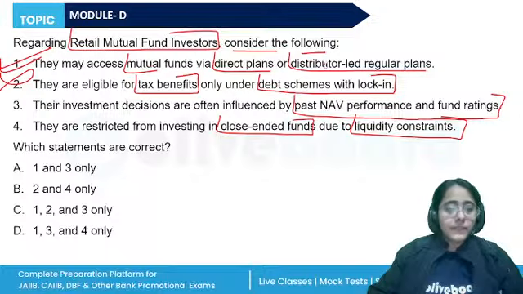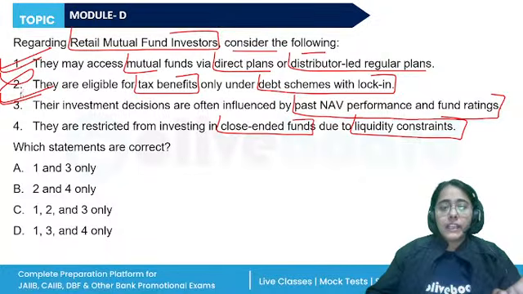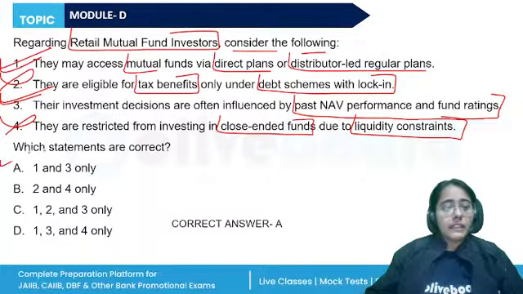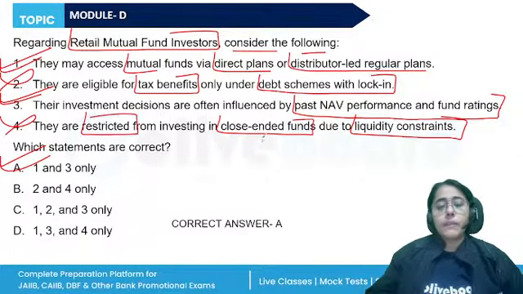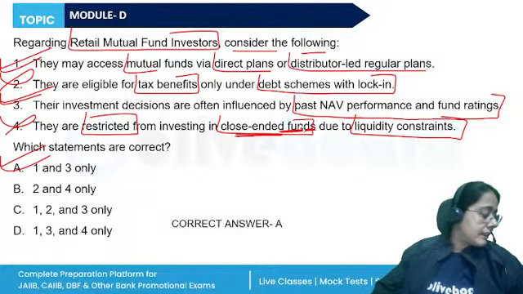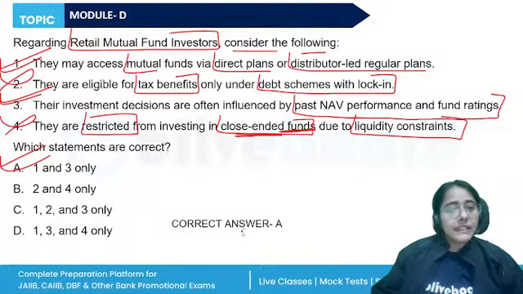Then their investment decisions are often influenced by the past net asset value, and they can also invest in the closed-ended fund. So the correct answer should be A, 1 and 3. They are not restricted from investing in the closed-ended fund. Okay, there is no restriction there. So 1 and 3 is correct.